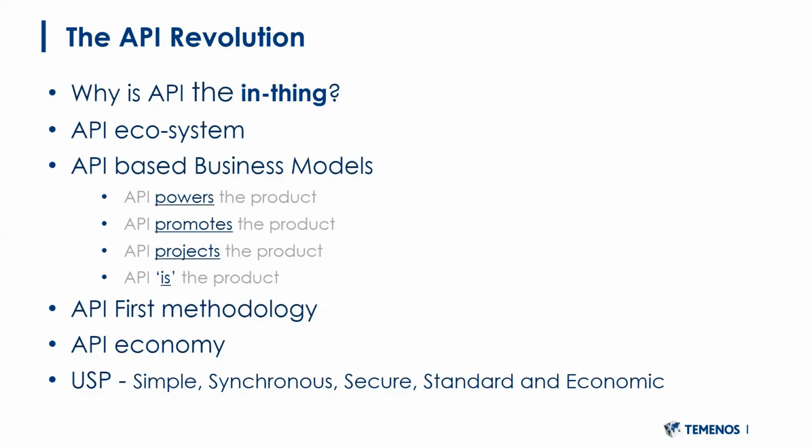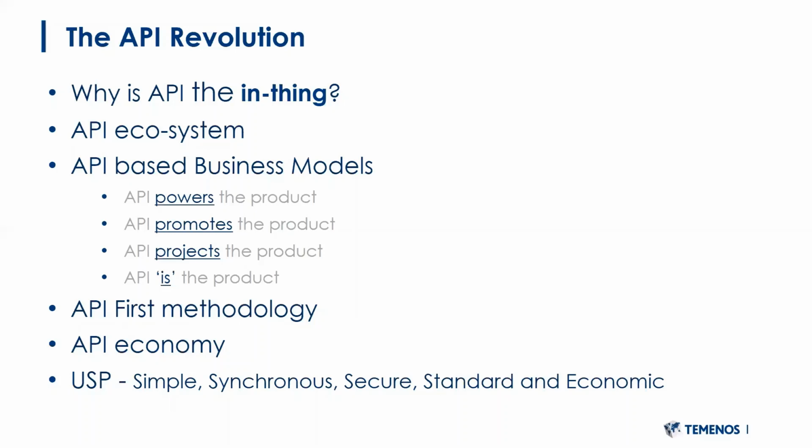The last one is when API is the product. This is when you build your product based on API technologies such as API gateways or API platforms, clouds, API cloud-based hosting platforms.